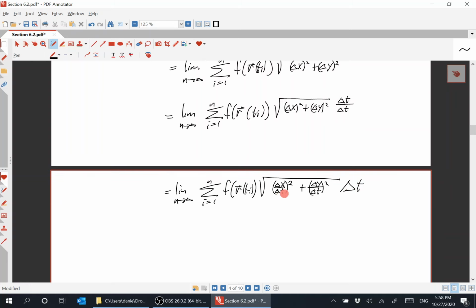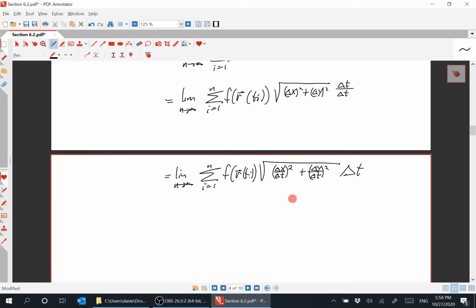What are these things? Change in x over change in t. Limit as n goes to infinity, in other words, as delta t goes to 0. What is the limit as delta t goes to 0 of change in x over change in t? It's just dx/dt. And this one is just dy/dt.